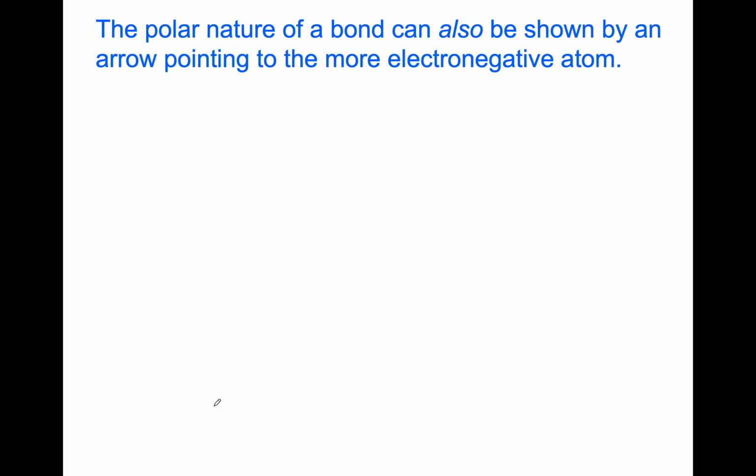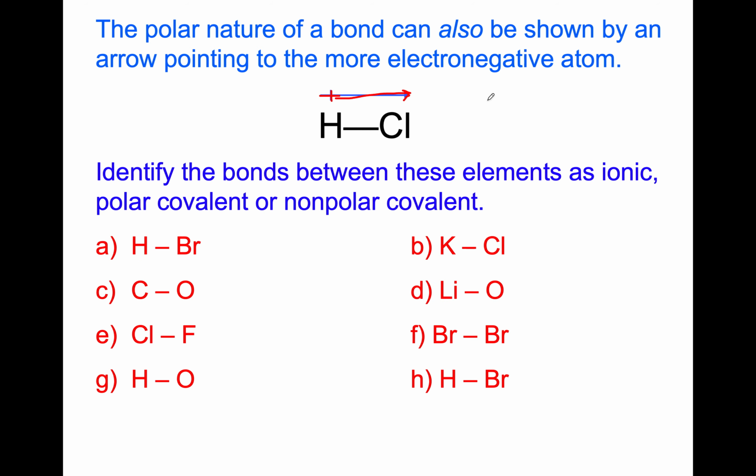So the polar nature of a bond can also be shown by an arrow pointing to the more electronegative atom, kind of like what I drew with the tug of war. There's this little plus sign, so you can remember this is positive, and then draw the arrow towards the more electronegative atom.